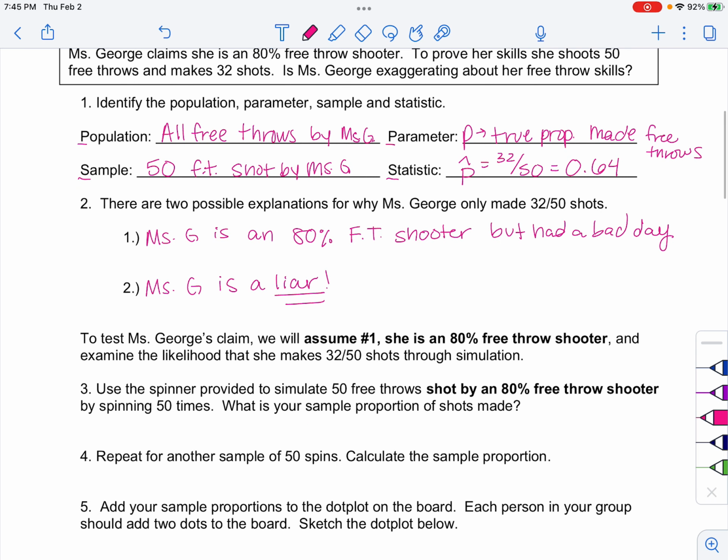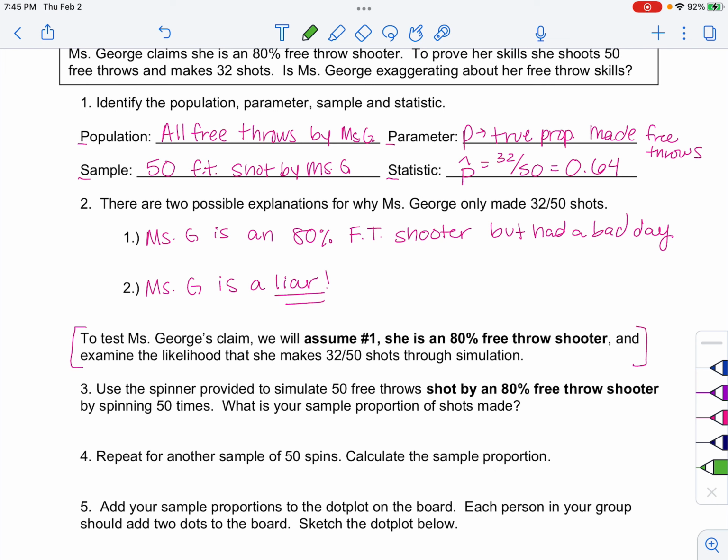So, to test Miss George's claim, we will assume number 1, she is an 80% free throw shooter, and examine the likelihood that she makes 32 out of 50 shots through simulation. Right here, this is a really important piece. I know it seems like such a little part of the lesson, but this is explaining what we do and how we do it.